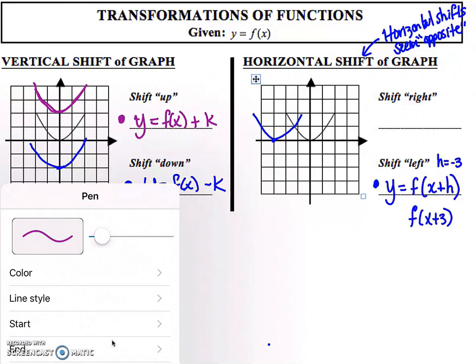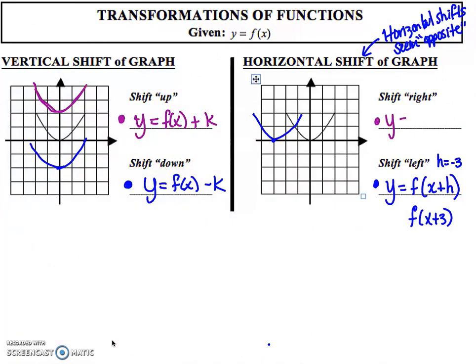And if we were going to do a shift to the right, this would be if h equals +3. So that would look like that. So those are our vertical shifts and our horizontal shifts.